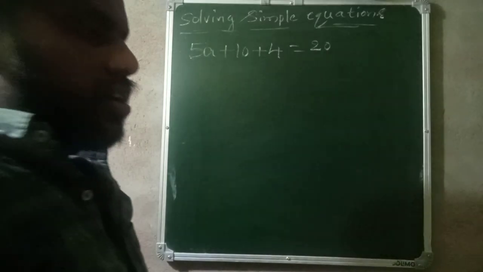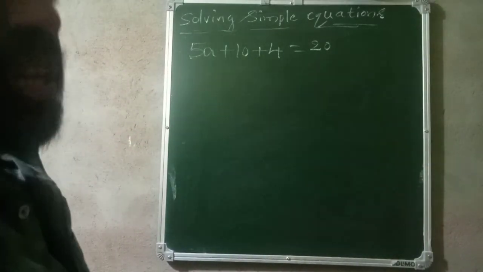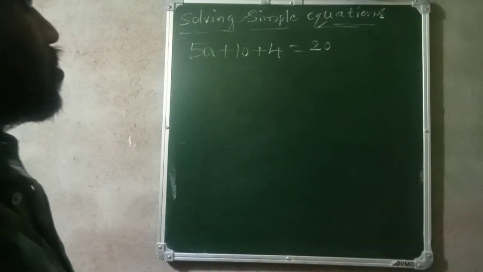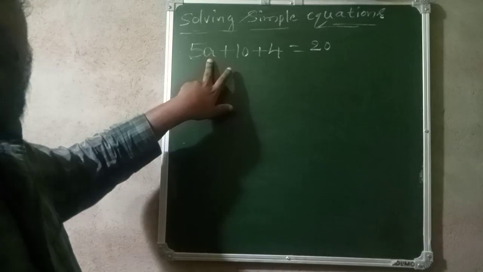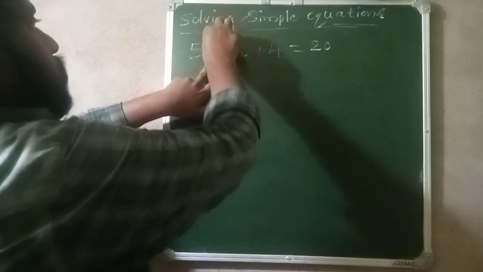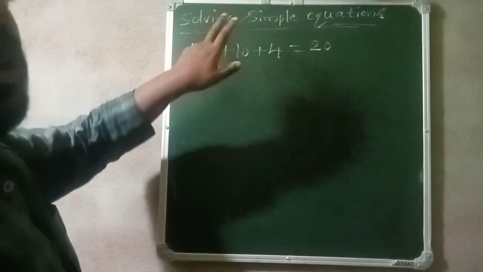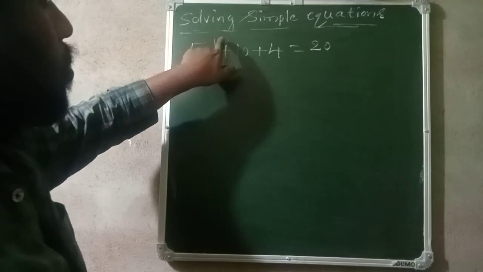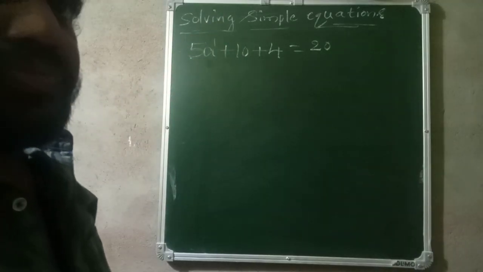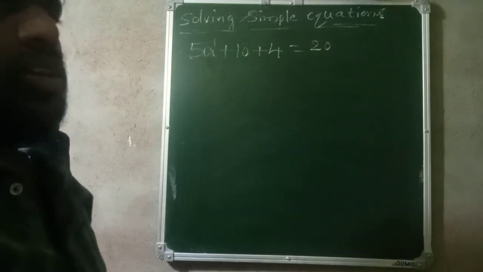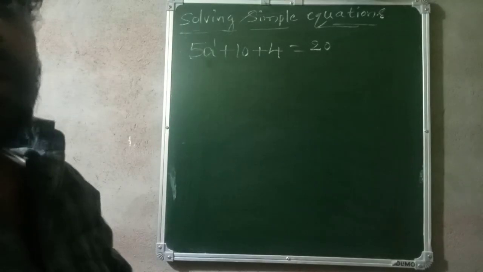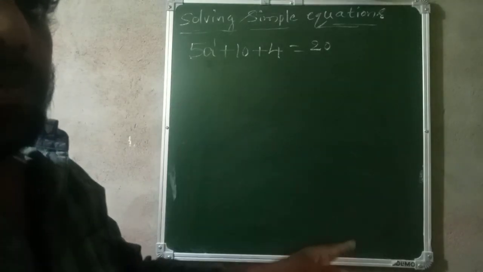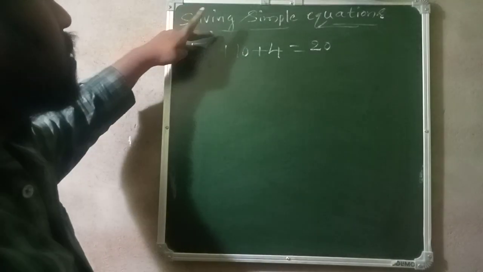So when I say simple equation, it means only one variable, and the power of the variable is 1. Here nothing is there, which means 1, that means a to the power 1. In a simple equation there will be one variable and the power of that variable is 1.